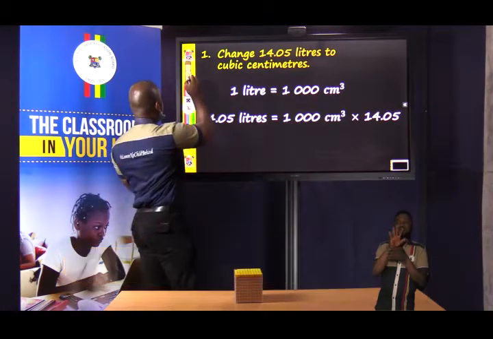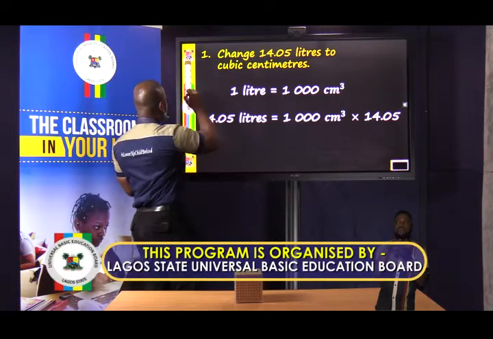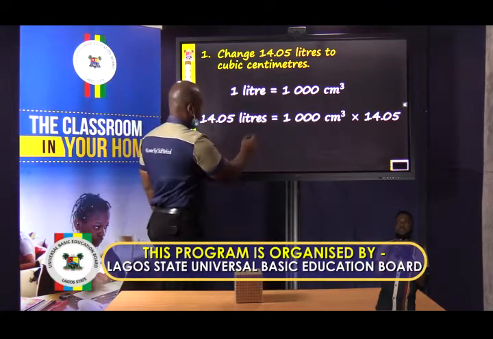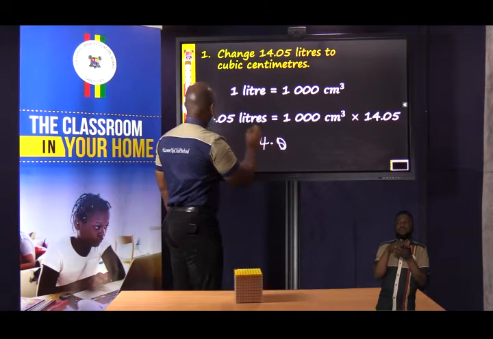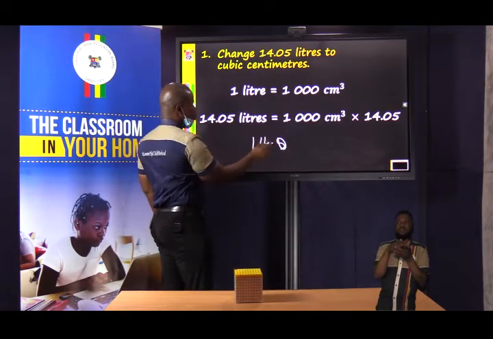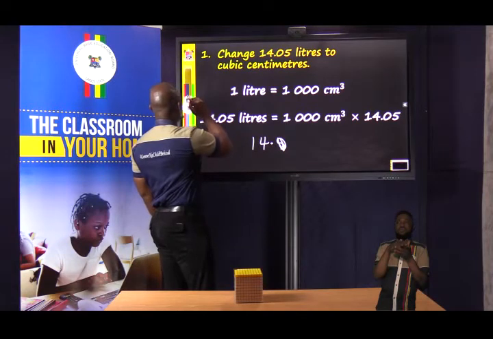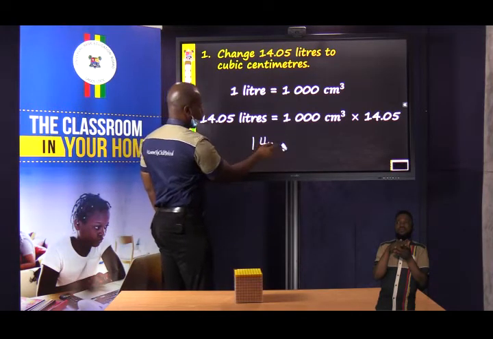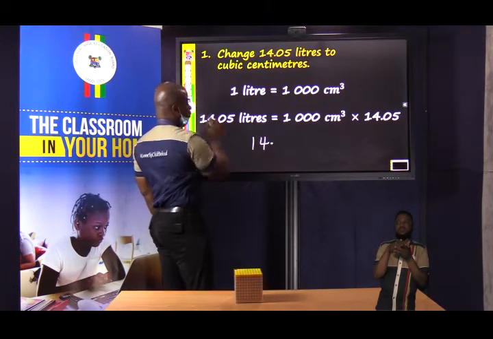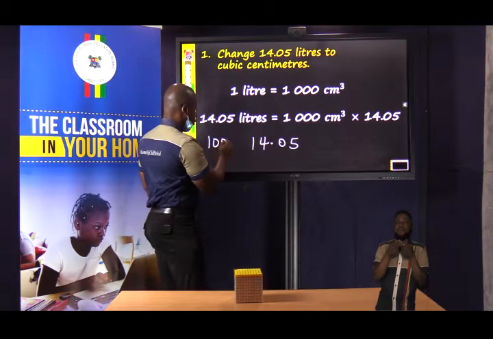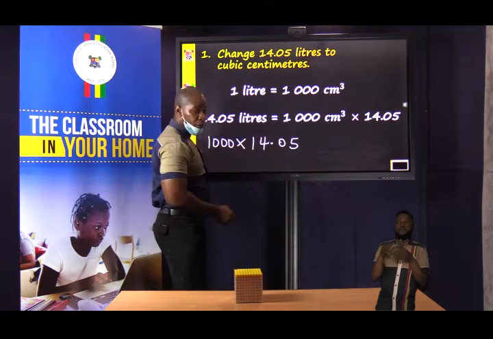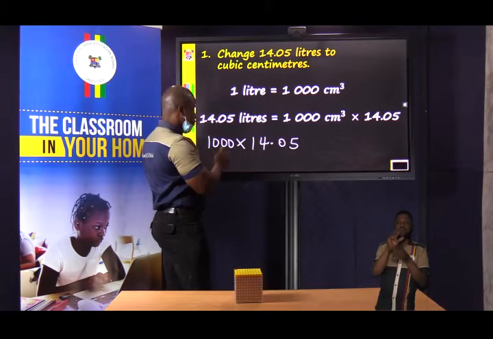Now, multiplying by 1,000, remember, if we are dividing, then we have to move to the left, backwards. But if we are multiplying by 1,000, for instance, then we have to move the decimal point 3 times to the right because we have 3 zeros.